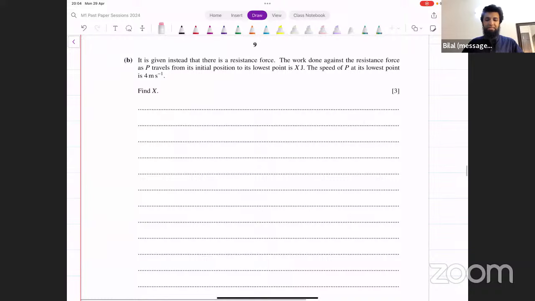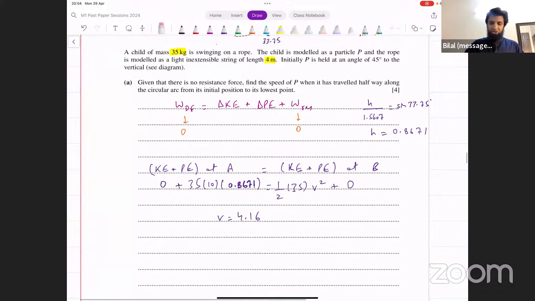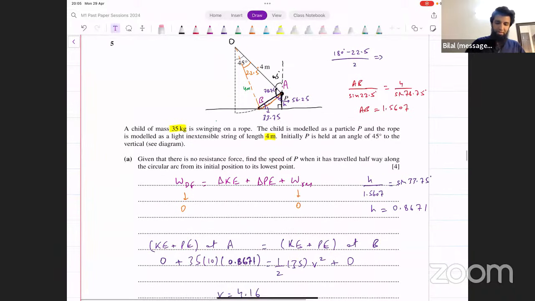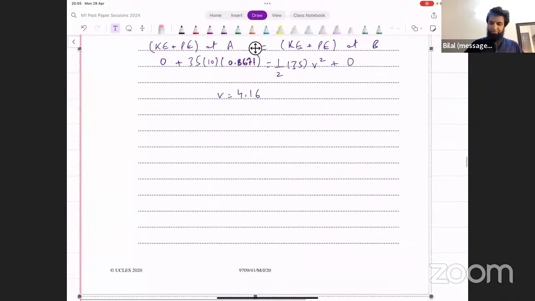It says it's given instead that there's now a resistance force. The work done against the resistance force as it travels from its initial position to its lowest point is x joules. Okay, so now it is actually reaching the lowest point. Let me just copy this diagram here.